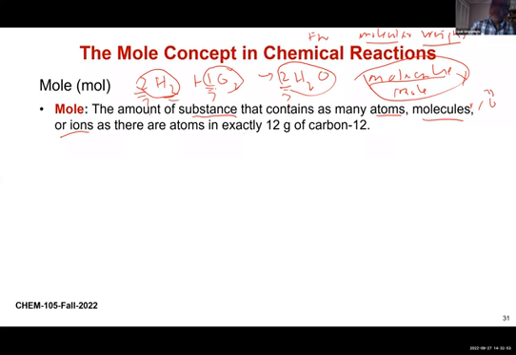If you take the carbon-12 isotope, carbon is 6. The atomic mass of this isotope is 12 AMU. If you take the atomic mass in grams, it has 1 mole of carbon-12 isotope.